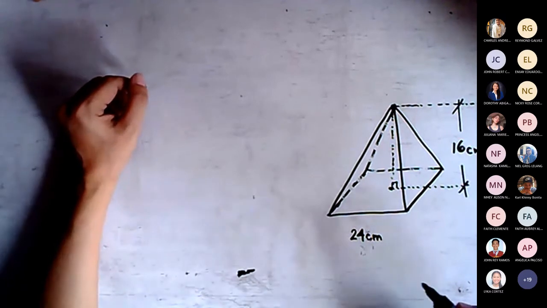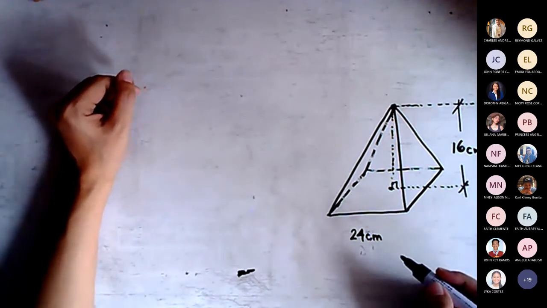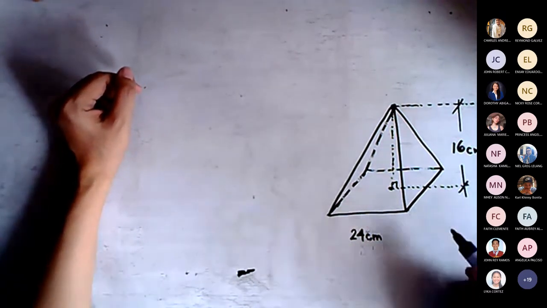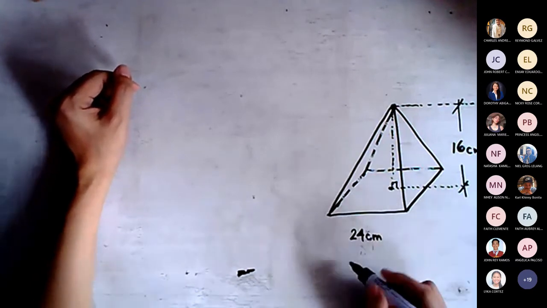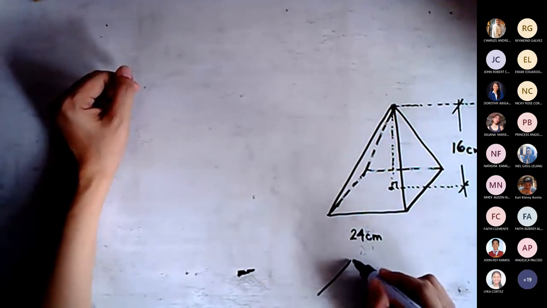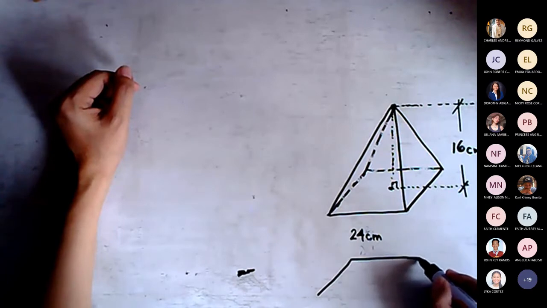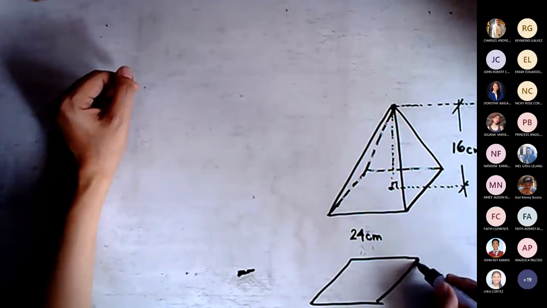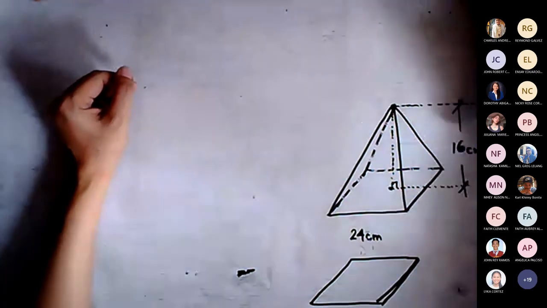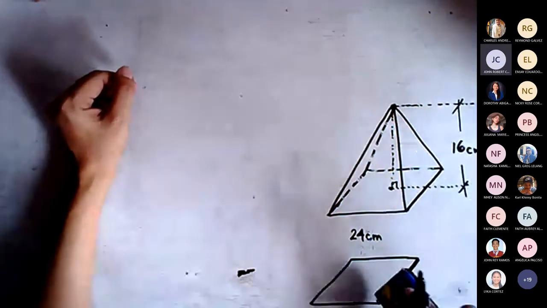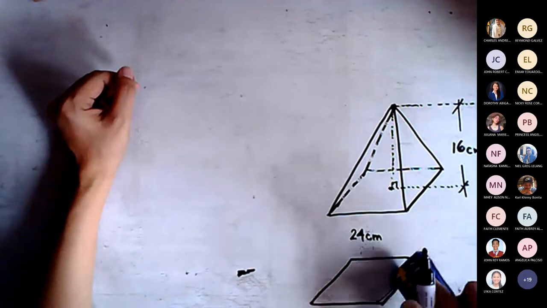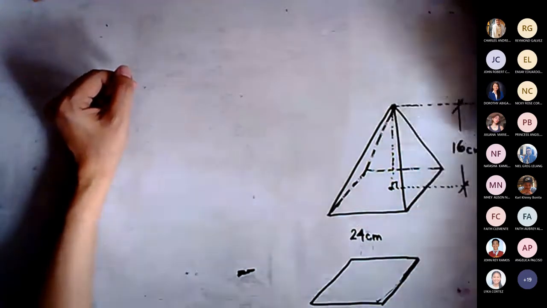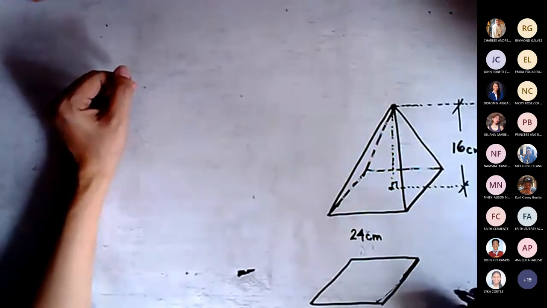And because the base is a rhombus, later on, we are going to draw the base. Let's isolate the base. Can you still see what I am writing on my board here? Yes po, ma'am. Okay, so the base is rhombus.